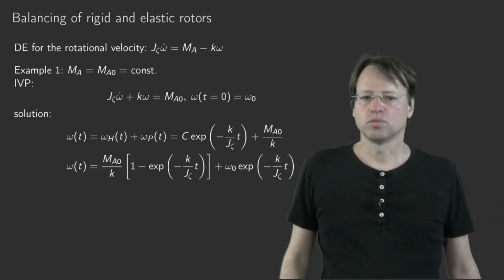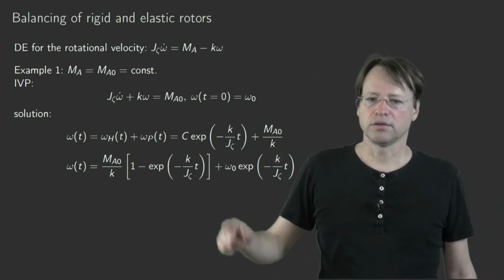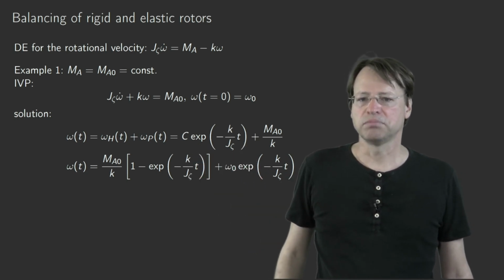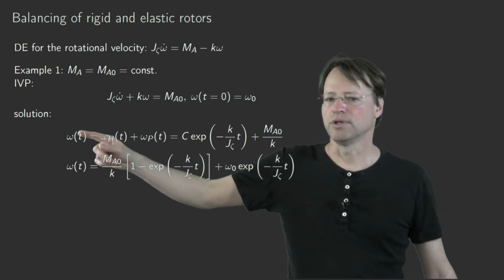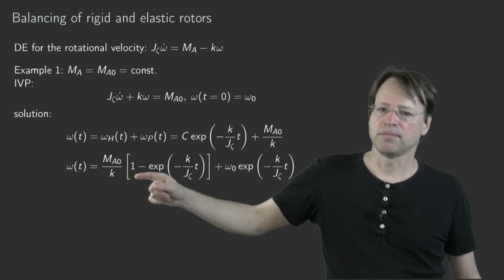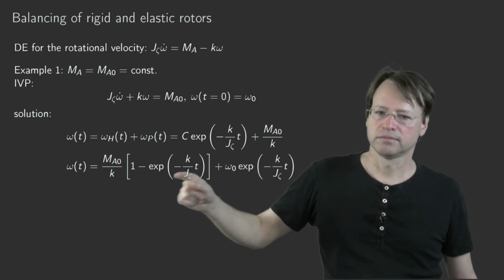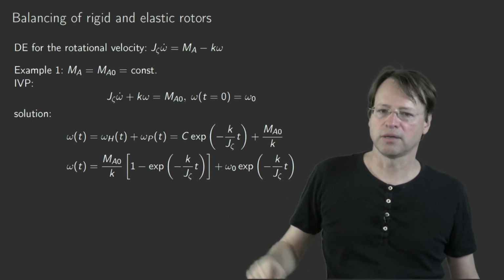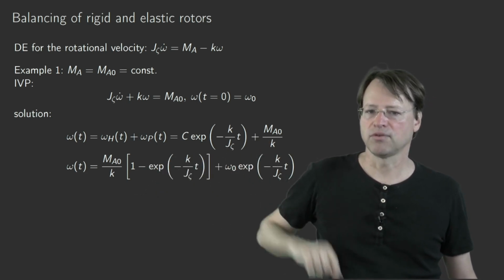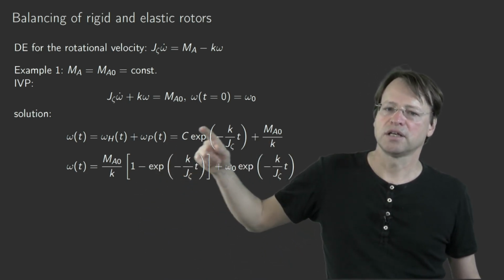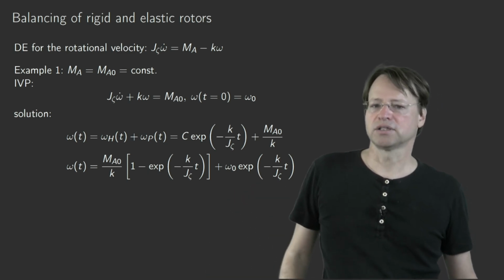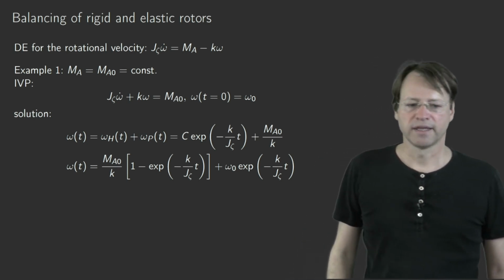And if this is done, you take t equal to 0 here, and then you can determine c as being the difference of omega naught minus M_A0 divided by k. So we have M_A0 divided by k with the negative sign, and that exponential coming from c. We have M_A0 divided by k with that 1 coming from the particular solution, and on the other hand, from that initial condition, we also have a term omega naught exponential minus k over J_ζ times t.